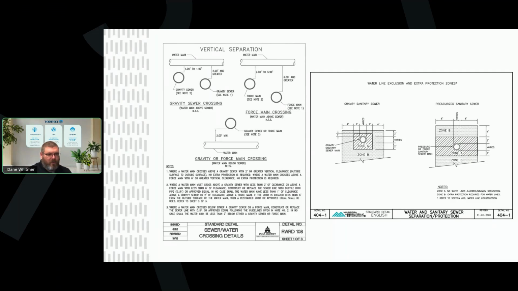Also, when we cross pipes, I always like to see 2 foot wherever possible, 2 foot or greater, with a minimum of 1 foot when they are close. But I have extra considerations for when they're closer.